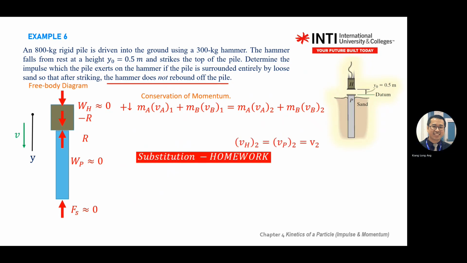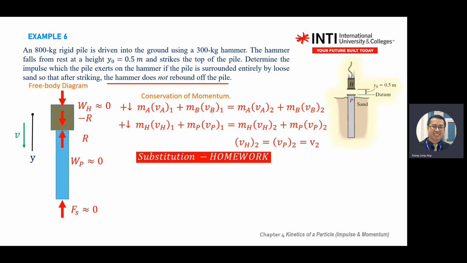Then your velocity number 2. Okay, you change your A to V to hammer and pile. My hammer is A, pile is B. In your answer, make sure you label. Don't give me an empty free body diagram, and then you suddenly write A and B. I will put a question mark.